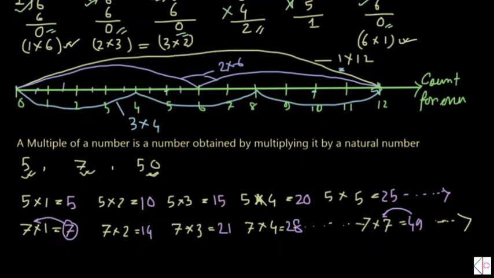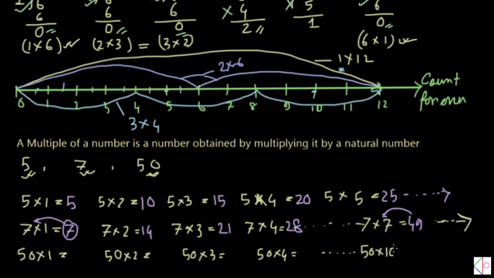Now you see, another value we can put here, that is 50. From the table of 50, 50 times 1 is 50. 50 times 2, let us write the multiples only. 50 times 3, here it is 50 times 4, and we can skip and write another 50 times 20, here we can write 1000.